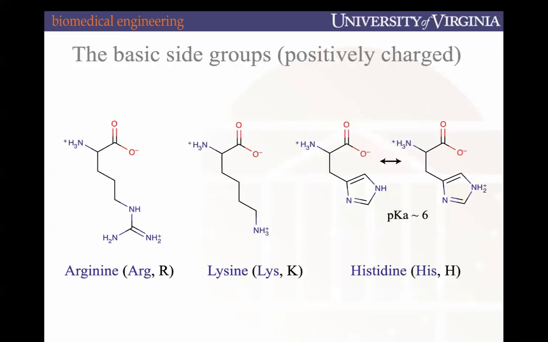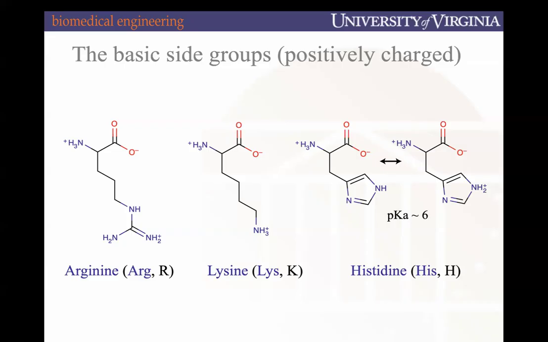So the next group of amino acids are positively charged or basic amino acids. We have arginine, lysine, and histidine. I would say arginine and lysine are particularly important for you guys to know. We'll be talking about positively charged amino acids, and we'll be exploring the consequences of substituting out positively charged amino acids.